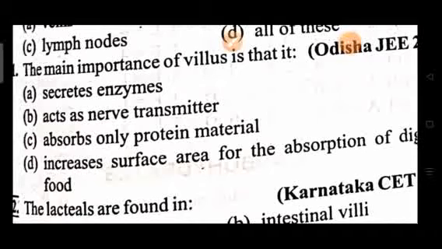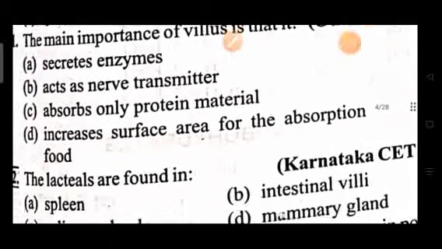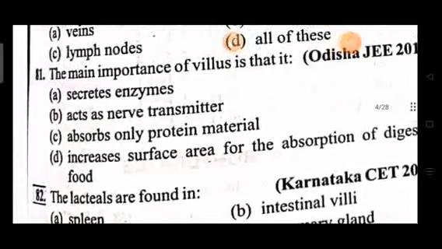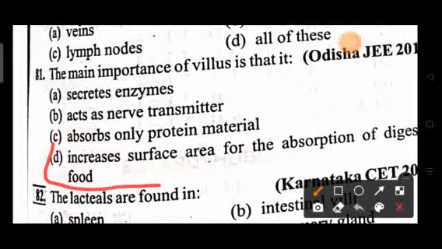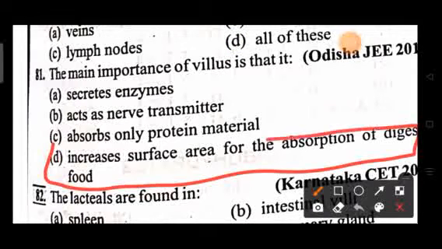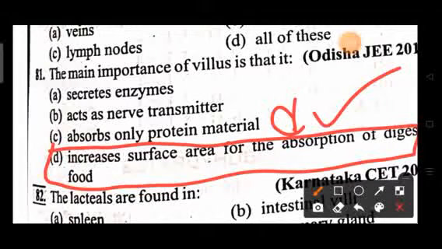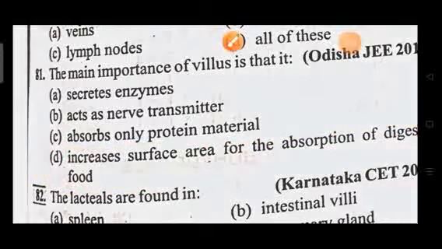Villus is mainly meant for absorption of the digested food. Nerve transmitter means acetylcholine. Absorbs only protein, no. The main important function is that it increases the surface area for digested food. D is the answer for this question.